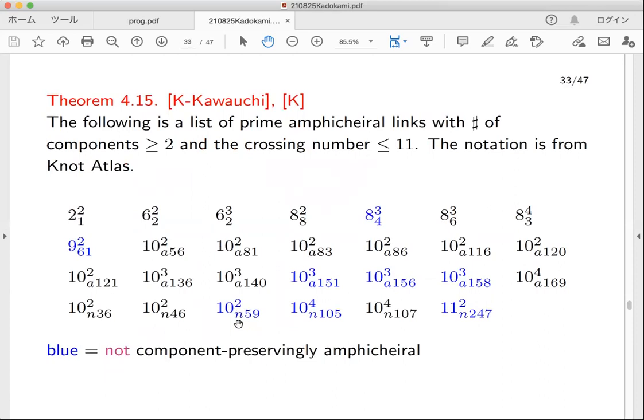So we used mainly the Alexander polynomial and the Jones polynomial to make a list of prime Amphicheiral links with the number of components greater than or equal to 2 and the crossing number less than or equal to 11. The notation we follow is Thistlethwaite's table.